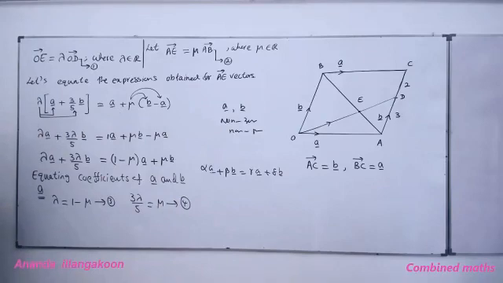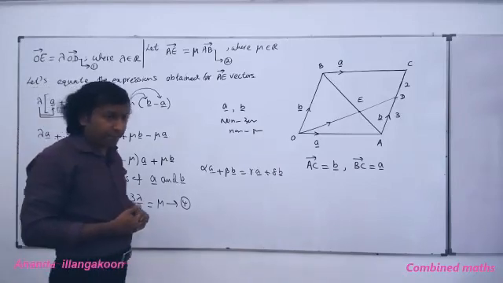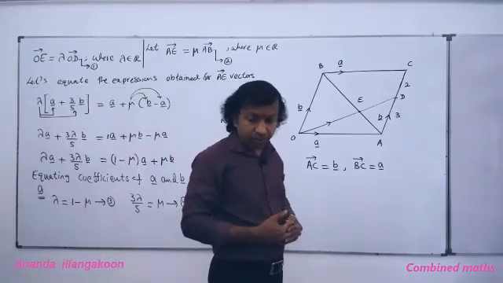How to get lambda and mu? I was calling these two equations 3 and 4.